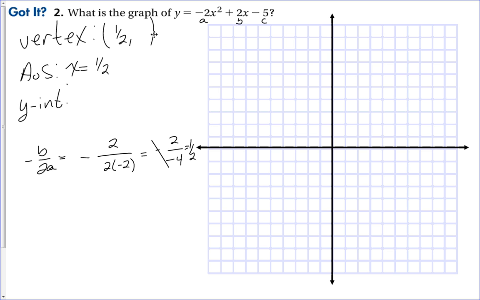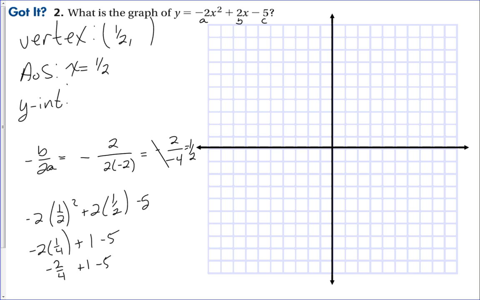All right. So we plug the 1/2 into our equation. So we get negative 2 times 1/2 squared plus 2 times 1/2 minus 5. When you plug all that in, you are going to get negative 2 times 1/4, plus 2 times 1/2 cancels to 1, minus 5. So this is negative 2 over 4, plus 1 minus 5.